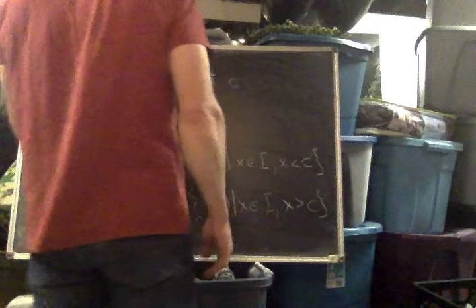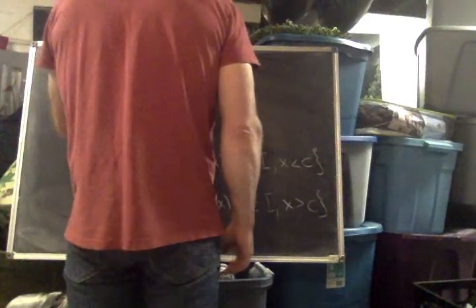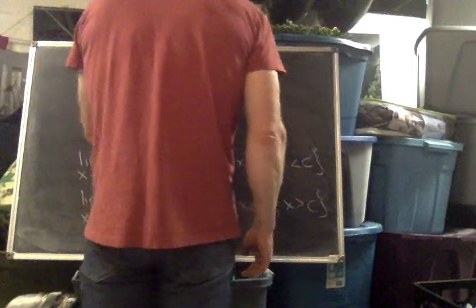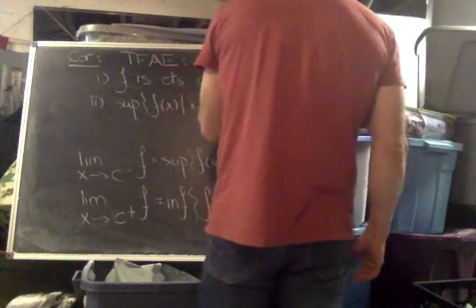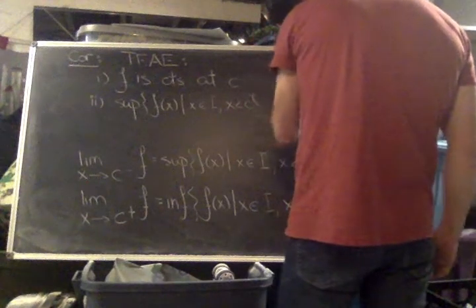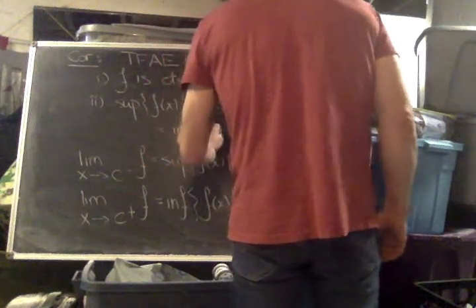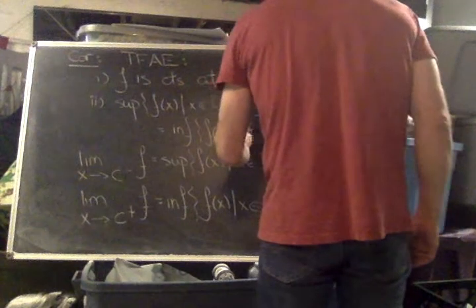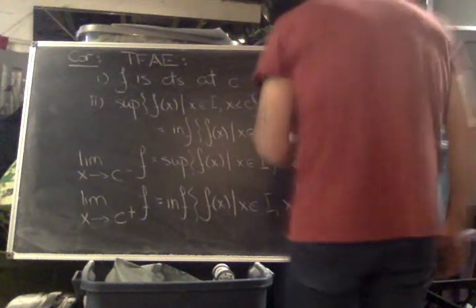Okay, so that f is continuous at c if and only if the supremum of the function values f of x, where x is in I and x is less than c, is equal to f of c, and that's equal furthermore to the infimum of the function values f of x, where x is in I, and now x is greater than c.